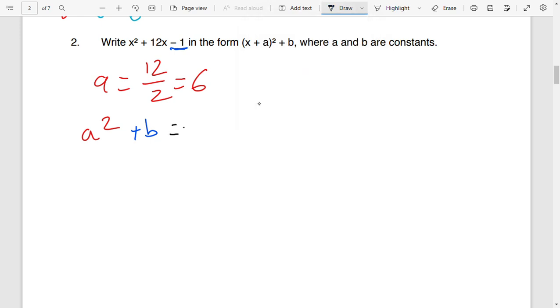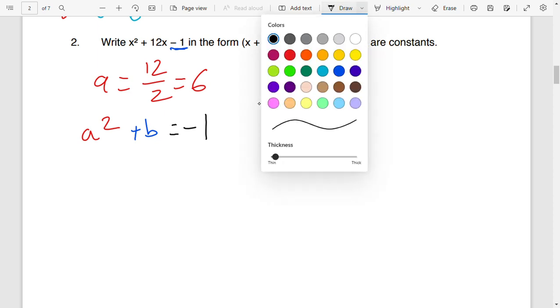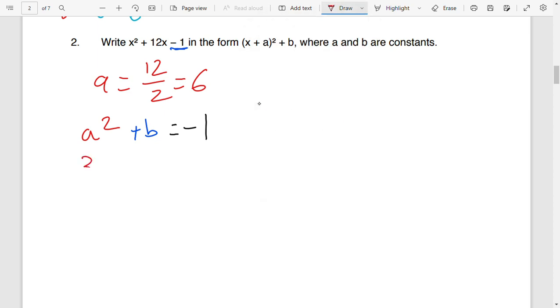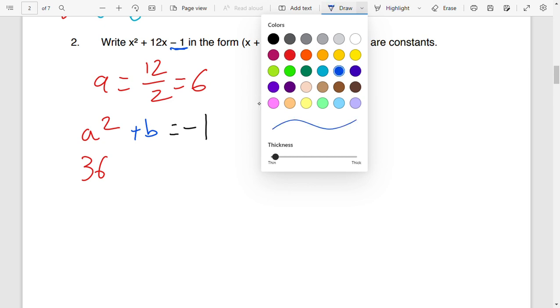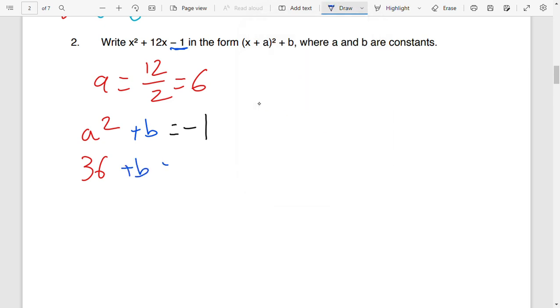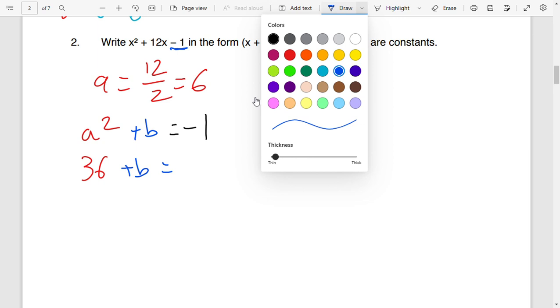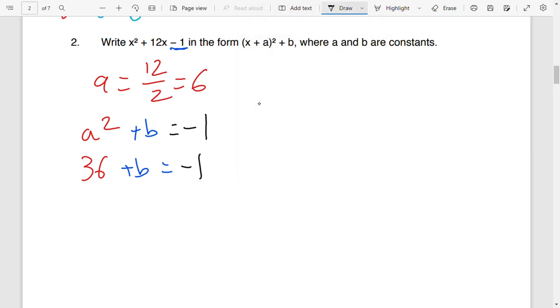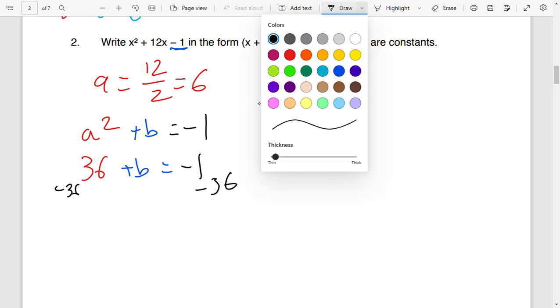So that is going to be minus 1. So a squared, 6 squared, is 36. So 36 plus b equals minus 1. So we know we're going to minus 36 from both sides, and b is going to equal minus 37.